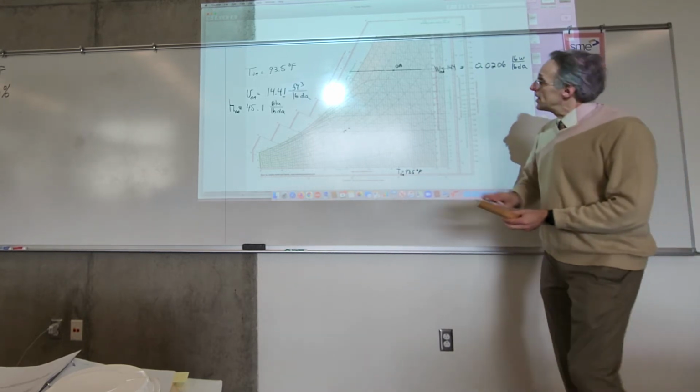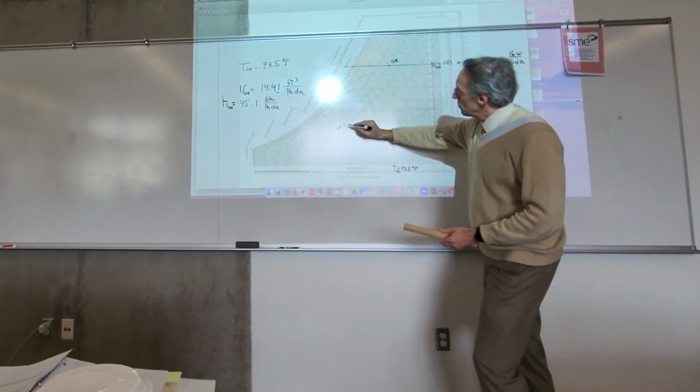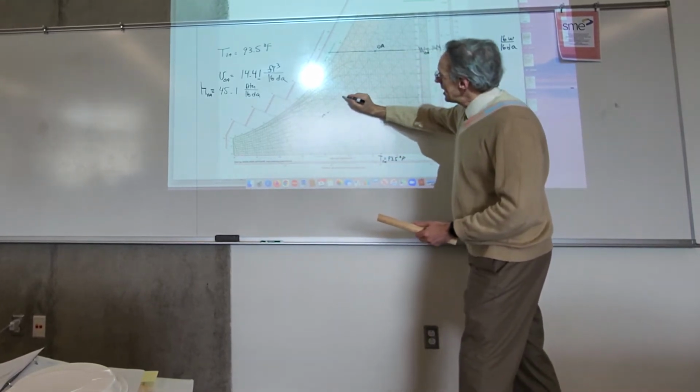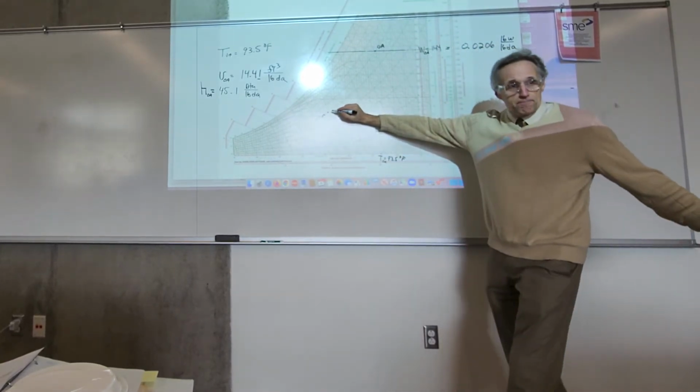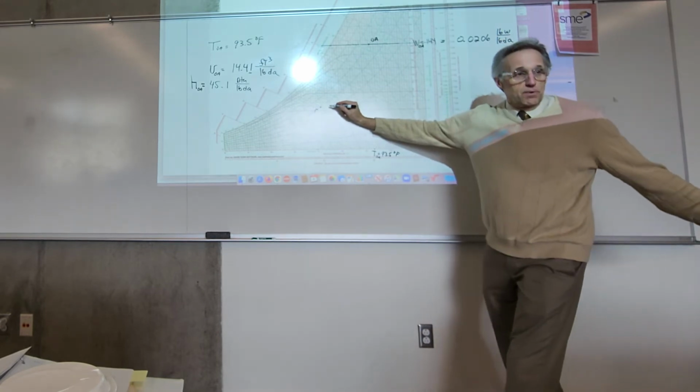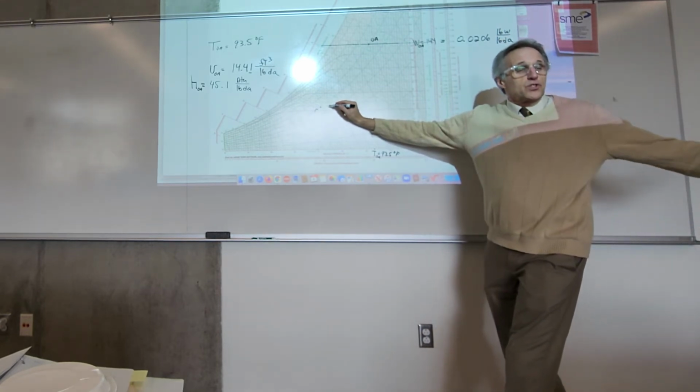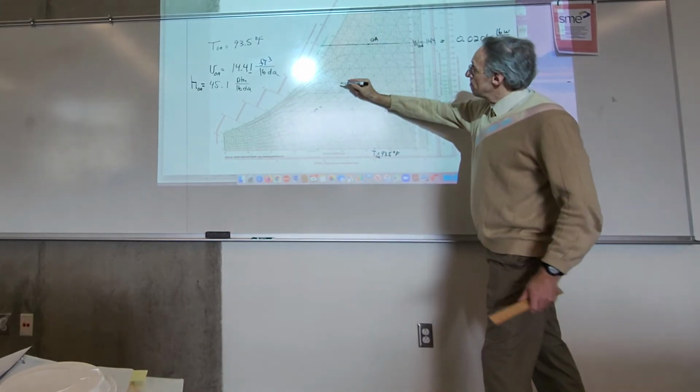And so what we do is we draw some of this air in, and we exhaust some of it. We return some of it and we exhaust some of it. And however much we exhaust, we'll make up by drawing in outside air.